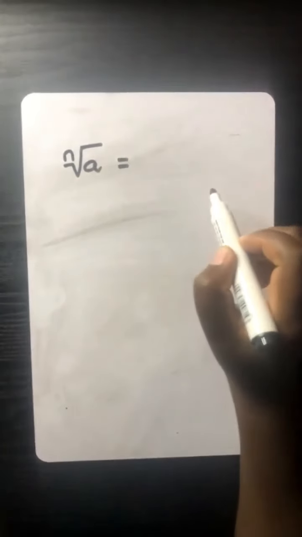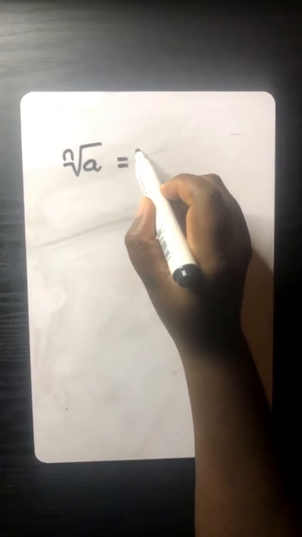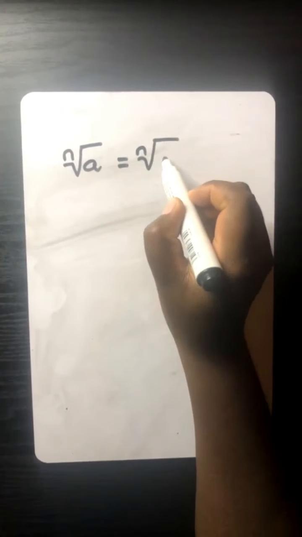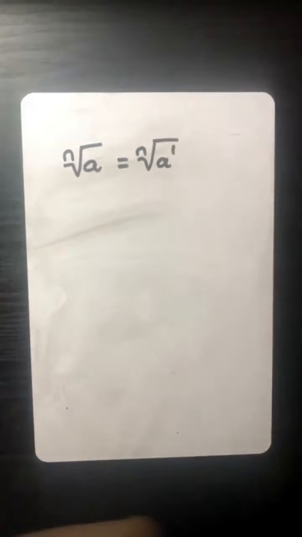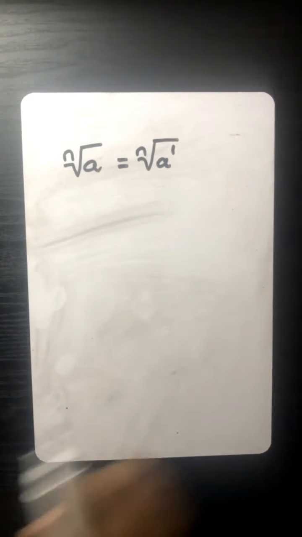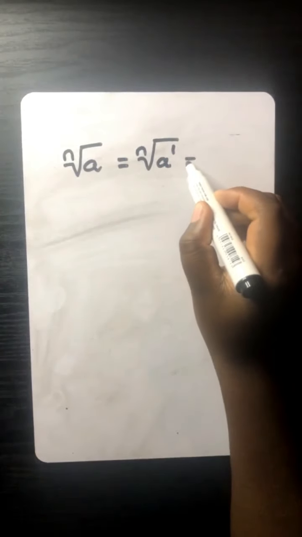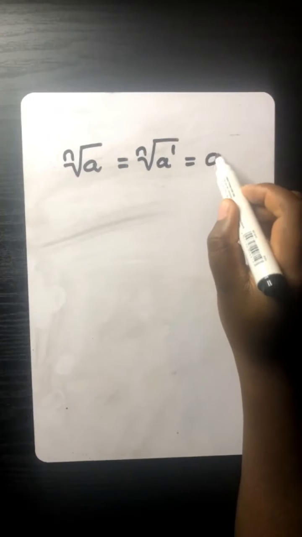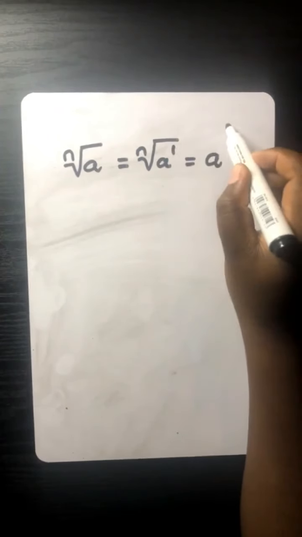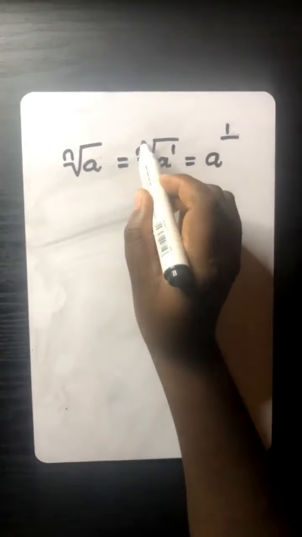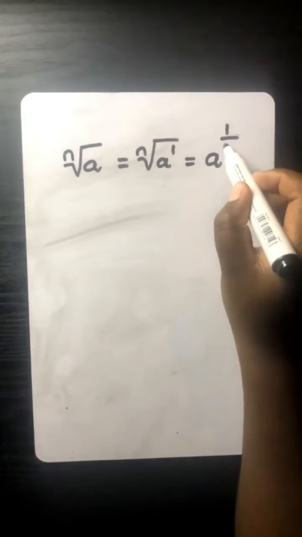But before that, I must teach this one again. When you've got, let's say, the nth root of a, obviously we know it's the nth root of a to the exponent 1. This is the same as a to the exponent 1 over n.